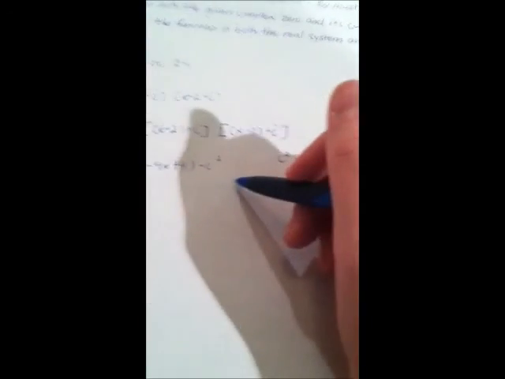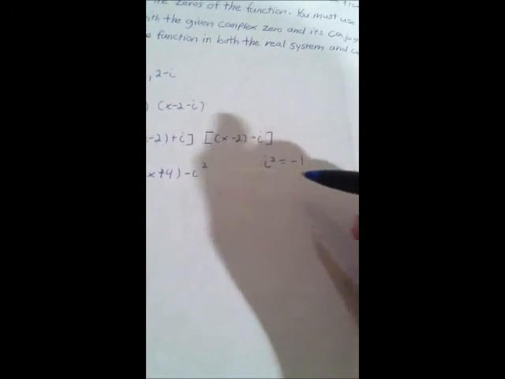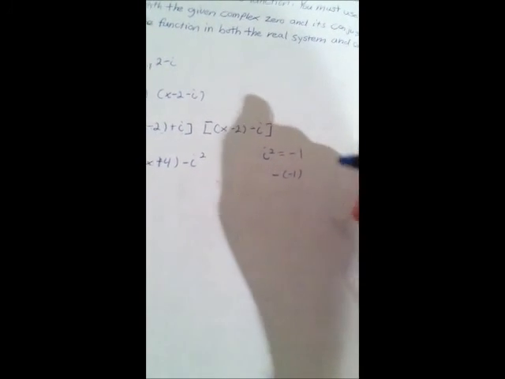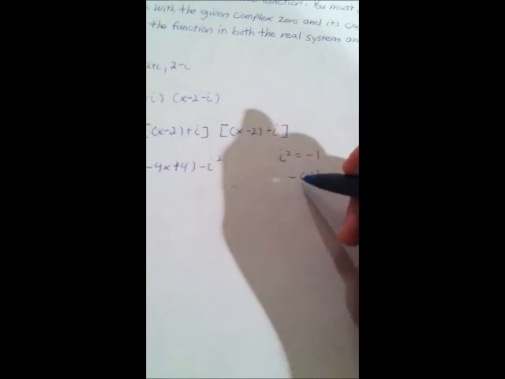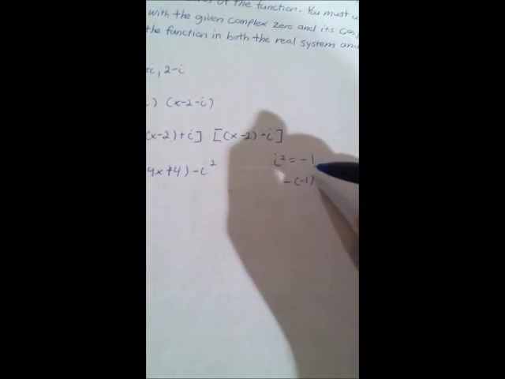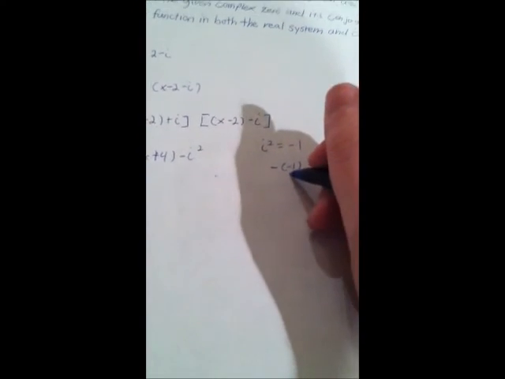And since we already have this negative outside of the i squared, we have a negative times a negative 1, which is plus 1.